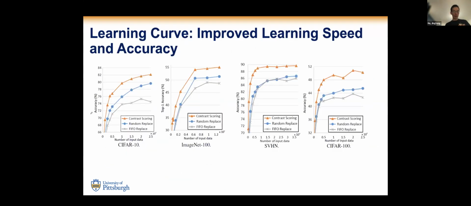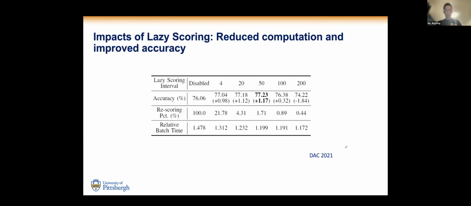Here we are also trying to show that we are able to improve the score, and we can learn faster and achieve higher accuracy. We tested our algorithm with CIFAR10, ImageNet 100, as well as two other data sets, right?